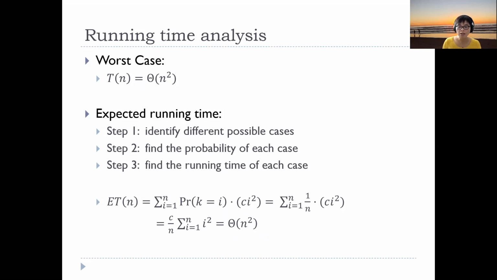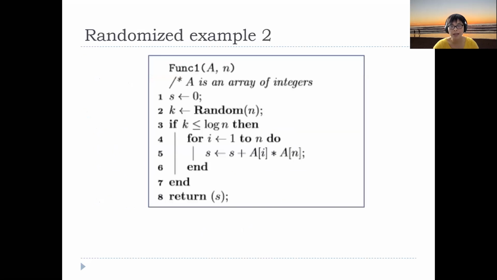Now let's look at another similar example, but where this did matter. It's very similar to the previous one. In the function, first we pick a random number from 1 to n, so k is a random number from 1 to n.